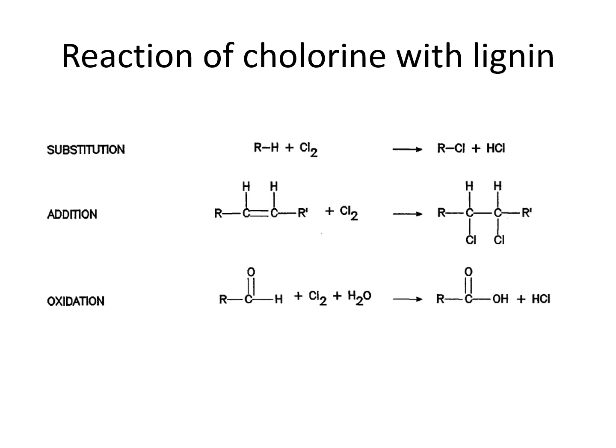In addition, you can see RCH=CHR1 plus Cl2 is added, and the double bond becomes a single bond, that is RCHCl-CHClR1. In substitution, RH plus Cl2 is equal to RCl plus HCl, and in oxidation, RH plus Cl2 plus H2O is equal to ROH plus 2HCl.